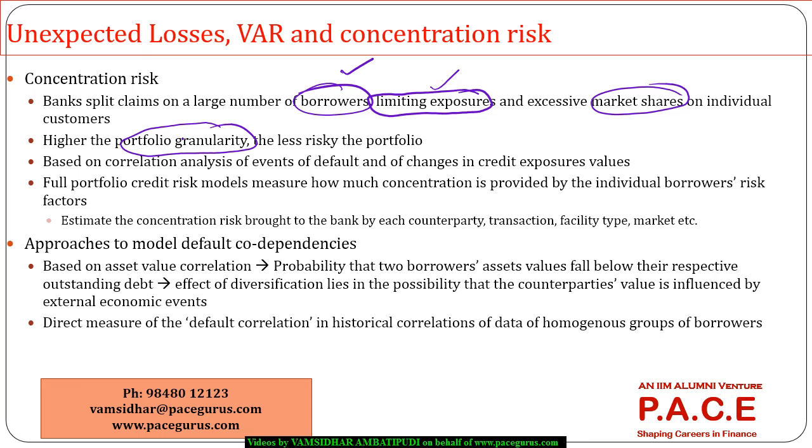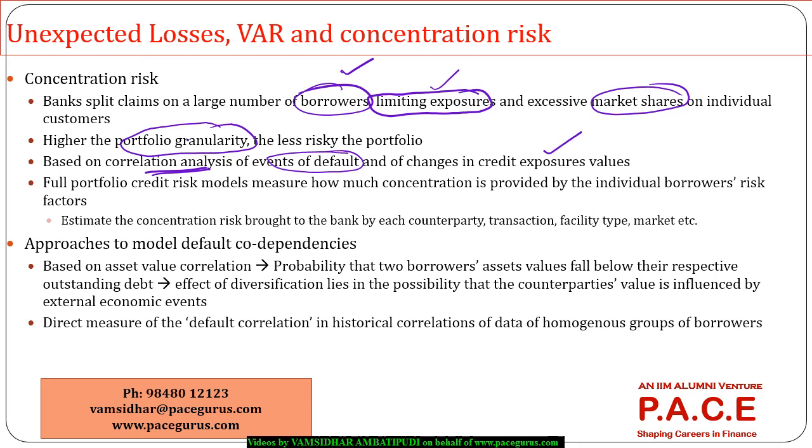This whole diversification should be carried out based on a thorough correlation analysis of the various events of default, and based on that, the selection of the various customers and asset classes needs to be considered, and also the change in the credit exposures due to various external events and factors needs to be considered thoroughly.